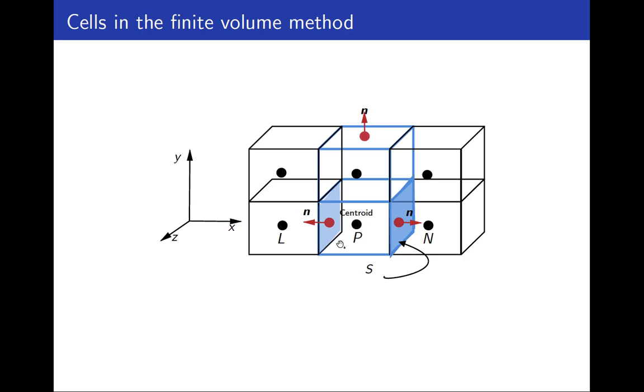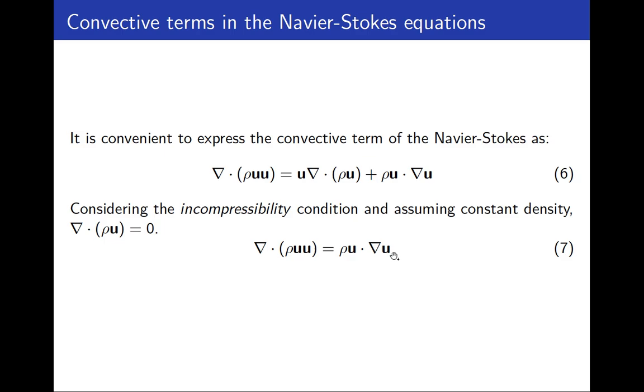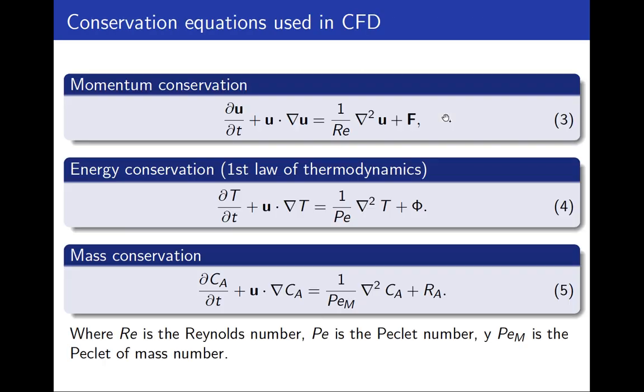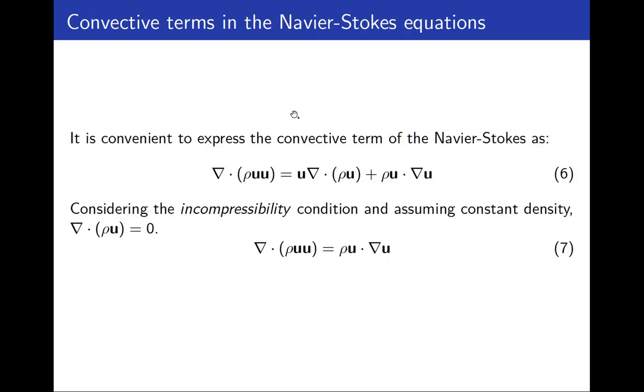So this cell has 6 faces, and each of the faces will have a normal vector that will point outside of the control volume. And then each face will also have a given surface area. So the convective terms in the Navier-Stokes equation, remember we want to study these terms and treat them mathematically.